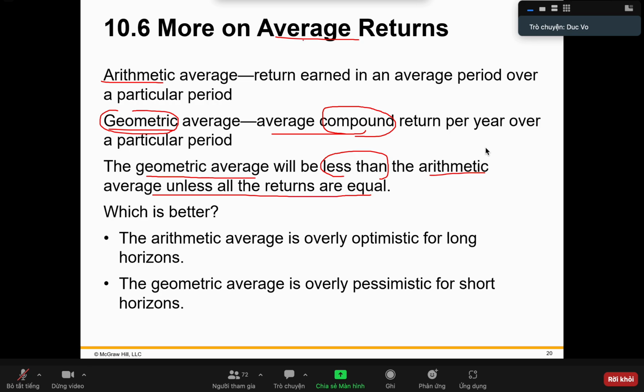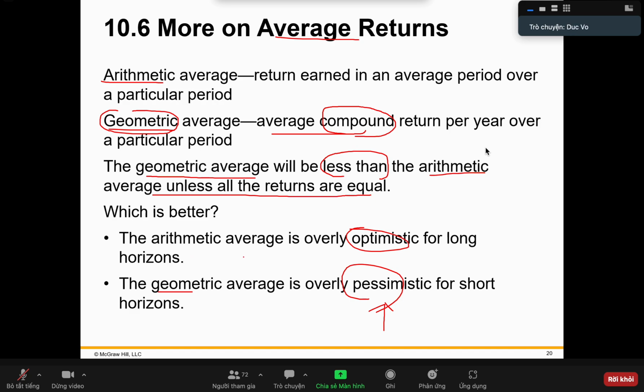No one is better. It just depends on what you want to use. You use the average method if you are really optimistic, and you use geometric average if you are really pessimistic. And usually finance practitioners are risk averse, so they are conservative. So I say again, in finance we tend to use geometric average.